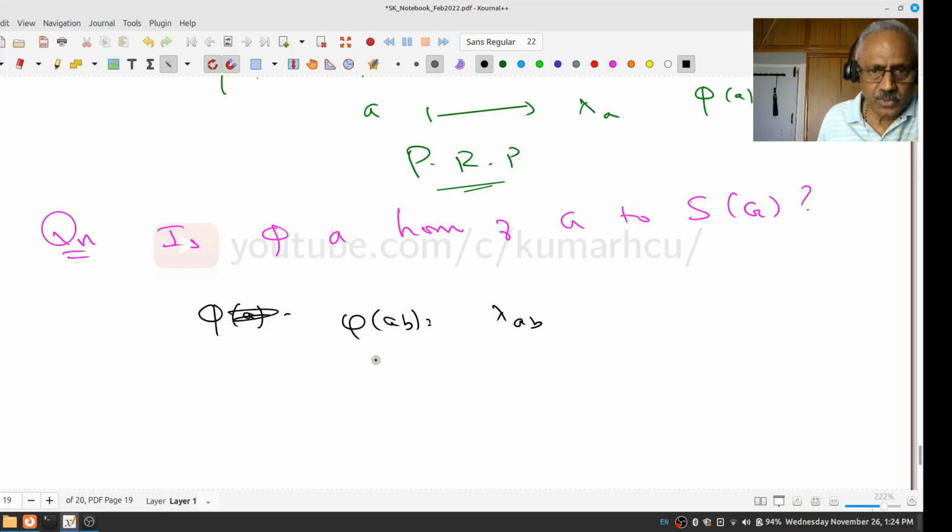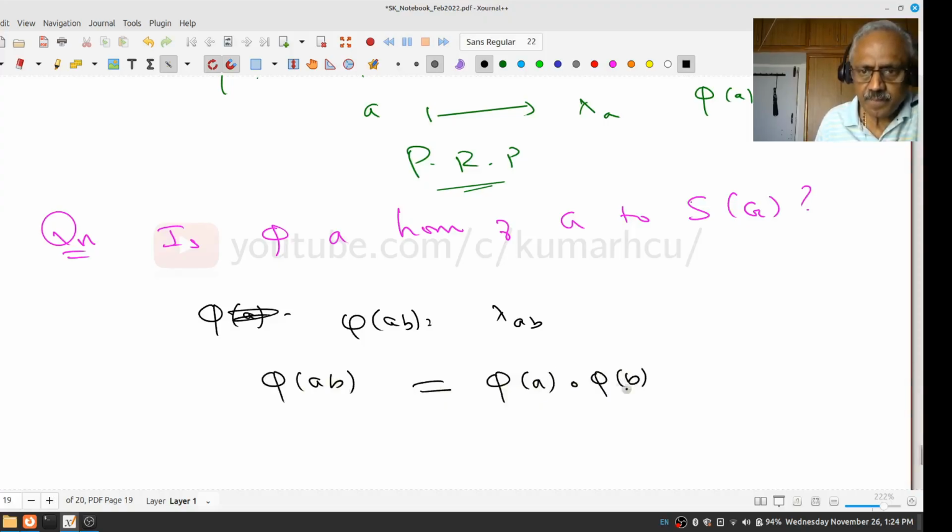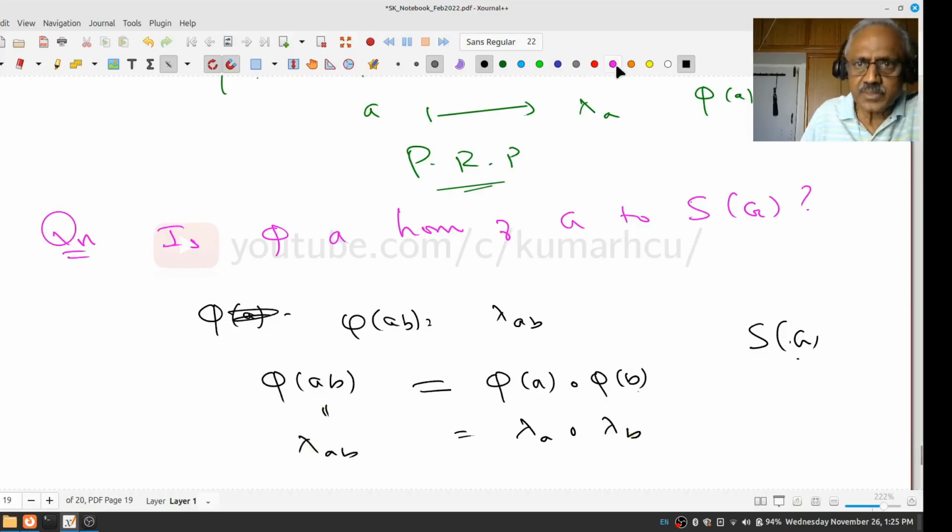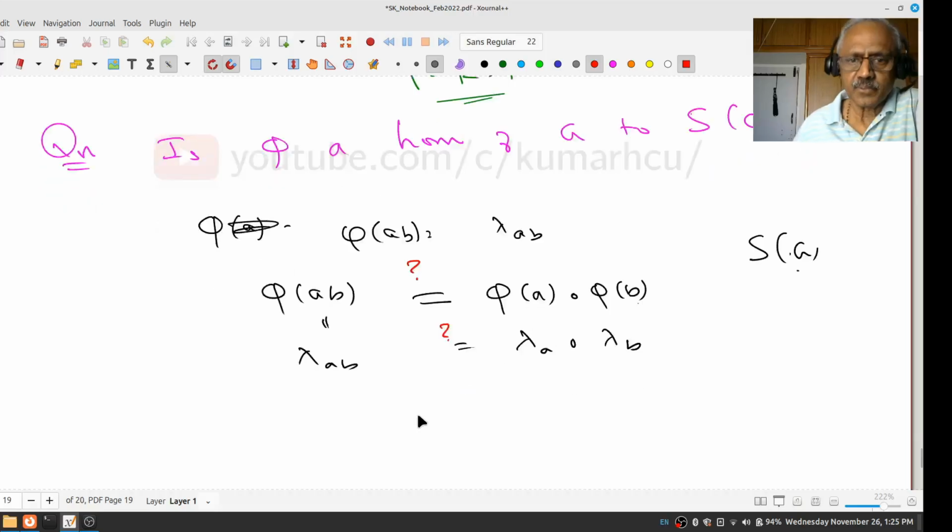So what I want to know is whether phi of AB equals phi of A composite phi of B. Remember, phi of A is an element of S of G, phi of B is an element of S of G. What is the binary operation here? It is a composition of maps. You understand? But what is this? This is lambda A composite lambda B. And what is this? This is lambda AB. The question is whether they are equal.